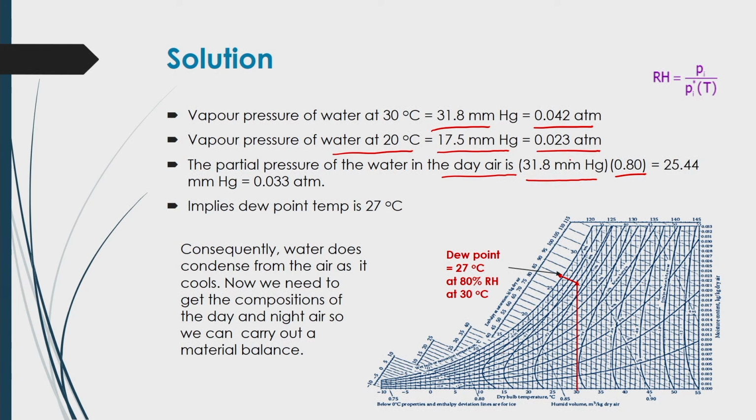So, from this the partial pressure of the water will be simply 31.8, the vapor pressure, times the humidity. It comes to 25.44 millimeters of mercury, which is around 0.033 atmosphere. Now, this implies that the dew point temperature will be 27 degrees Celsius.